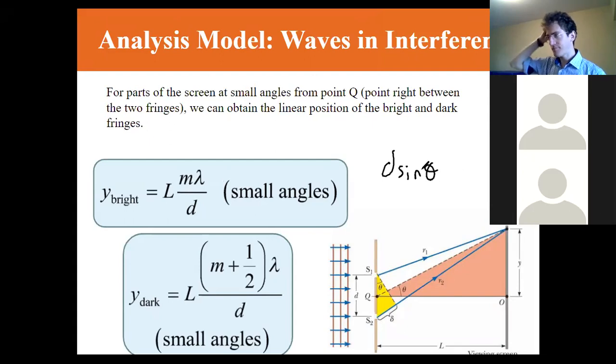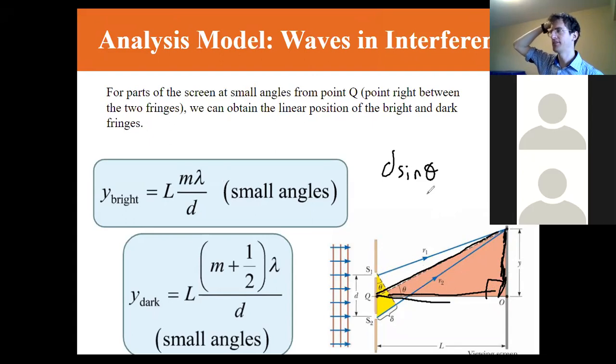If you want to find the position of a fringe, or any point on the screen, it is a right angle triangle, so the relationship between y and the length of the screen L can be expressed through a tan function, where you have y over L.